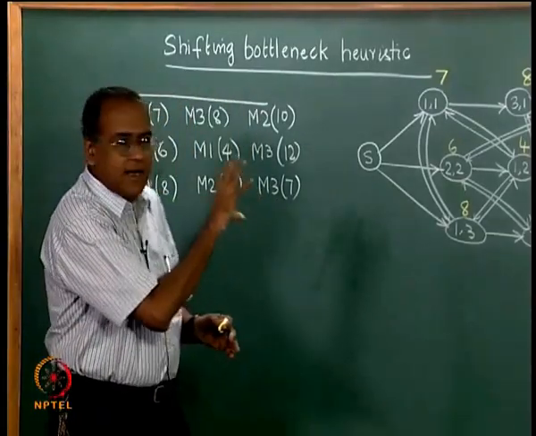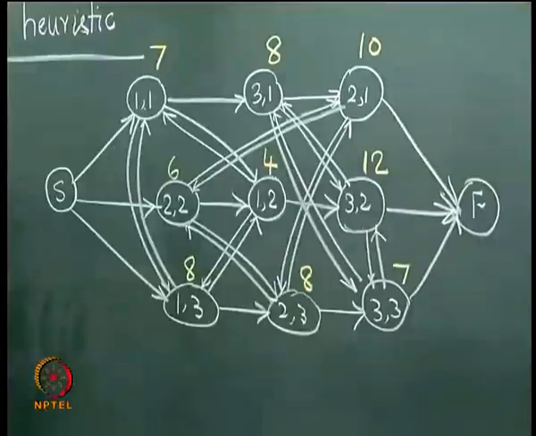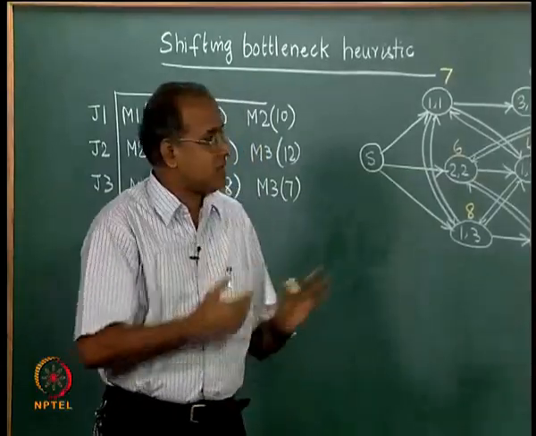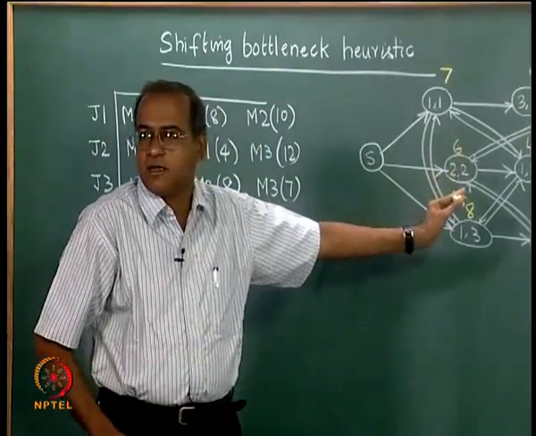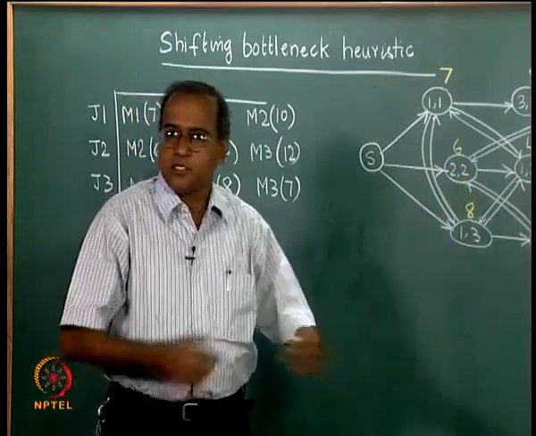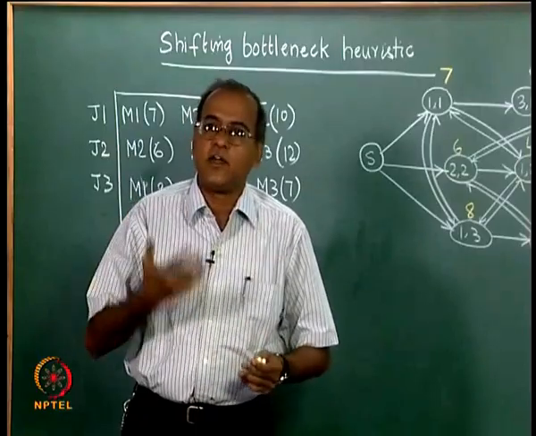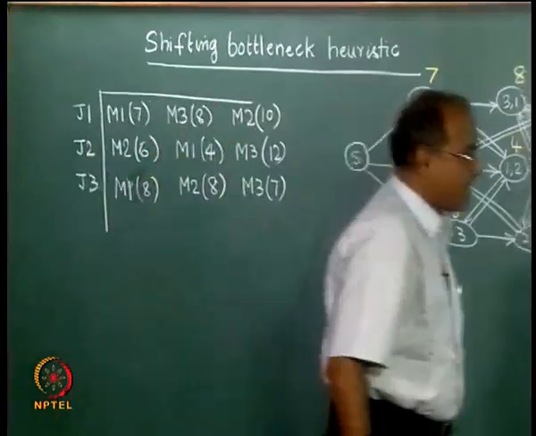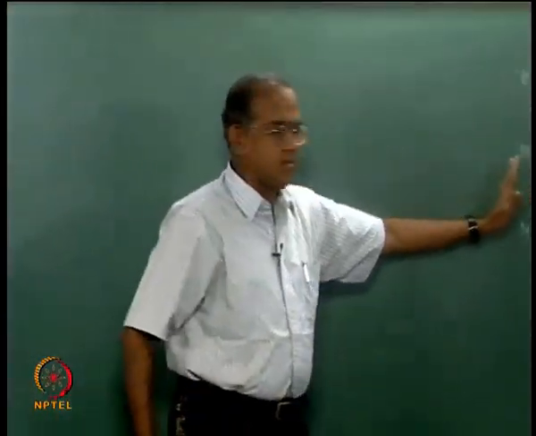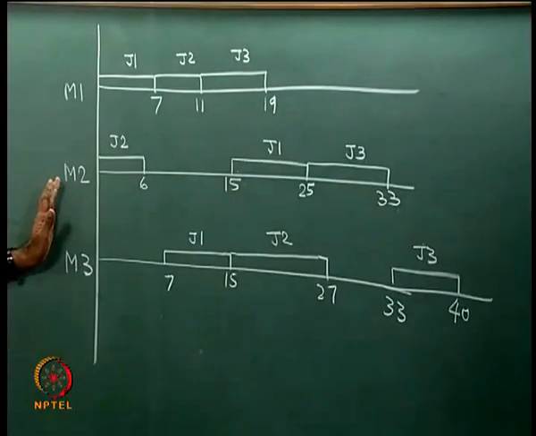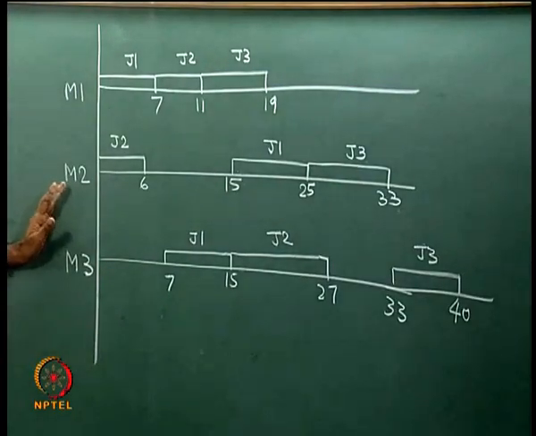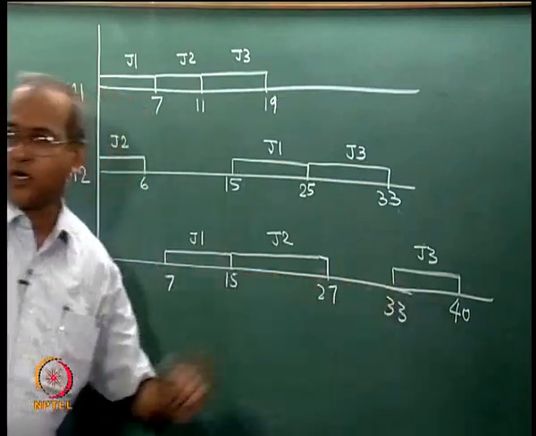Let us explain that aspect by first looking at the SPT solution, showing how we are able to capture that 40 on this network, and then showing how the longest path represents the make span of a given schedule. So, we have already seen this Gantt chart or bar chart in a previous lecture, where the make span is 40.